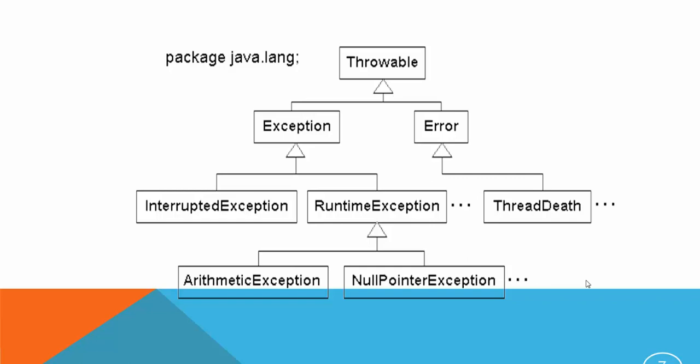We have no choice; we cannot ignore a checked exception. Runtime exceptions or errors can be ignored at the time of compilation. Whenever you write the code, runtime exceptions and errors can be ignored. Generally we do not catch runtime exceptions; we catch only checked exceptions.